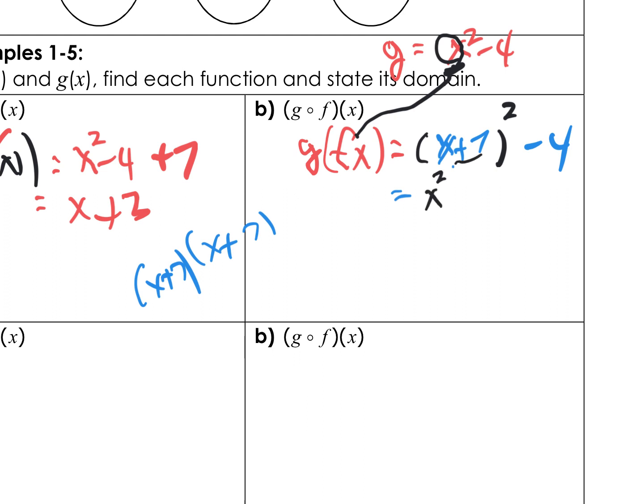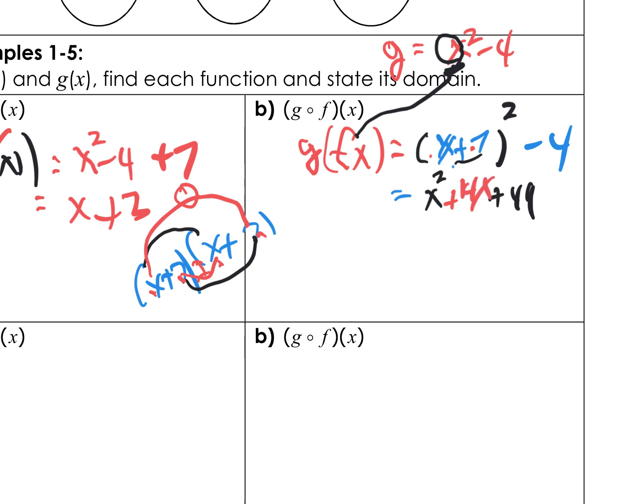Positive 7 times positive 7 is a positive 49. Now we know that when we do this with FOIL, that was the first and that was the last. All we're missing is the outsides for the O and the insides for the I. But if you look very closely, it's x times 7, 7 times x. So what we have is 7 times x doubled. So that would be a plus of 14x.